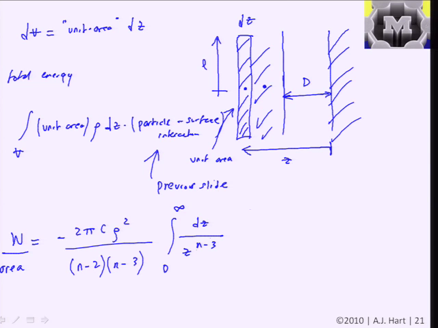So now z is the distance we're concerned with. Everything is the same distance from the body, so we're taking care of that by dividing by the unit area and just integrating in one dimension from d to infinity all the way into the body. And we have rho squared because we have another factor of the density when we do our differential volume in this case. And then the rest is just our final answer from the previous slide before we substituted the exponent of 6 for the van der Waals interaction. And then we'll end up substituting 6 again, but we wanted to do this on a more general basis.